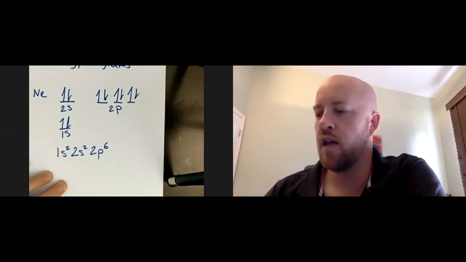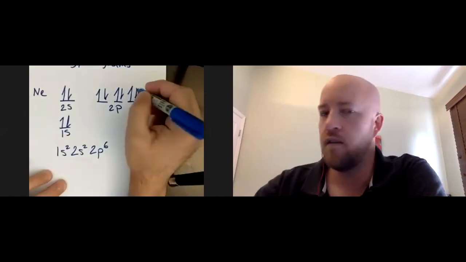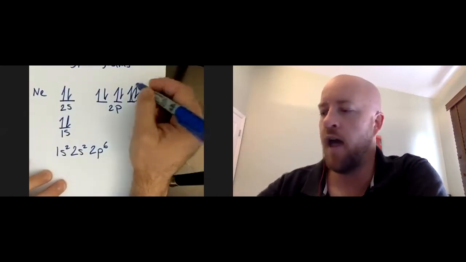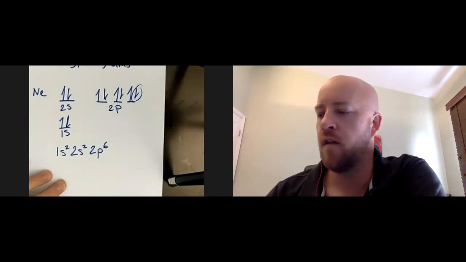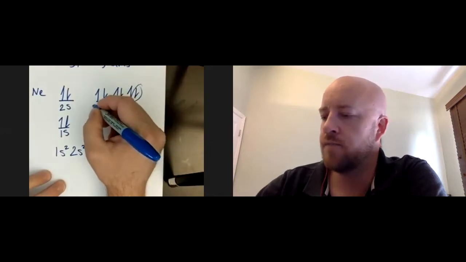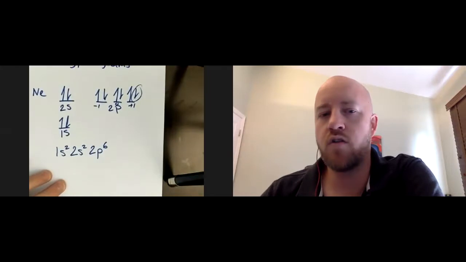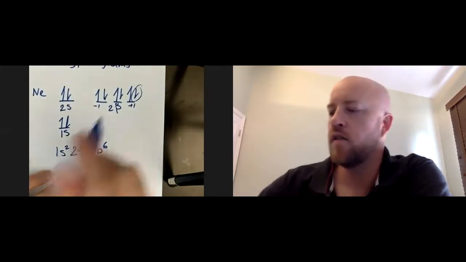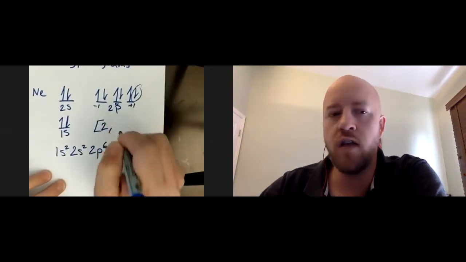If you were doing the quantum numbers for this, again, the last one added is the electron pertaining to neon, and which orbital shelf it's on. So if we were going to do the quantum numbers, this is in the second energy level.